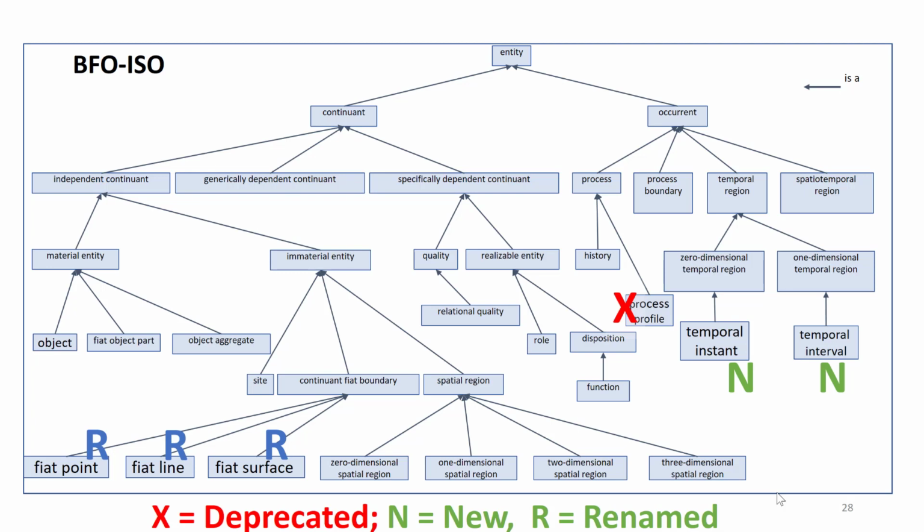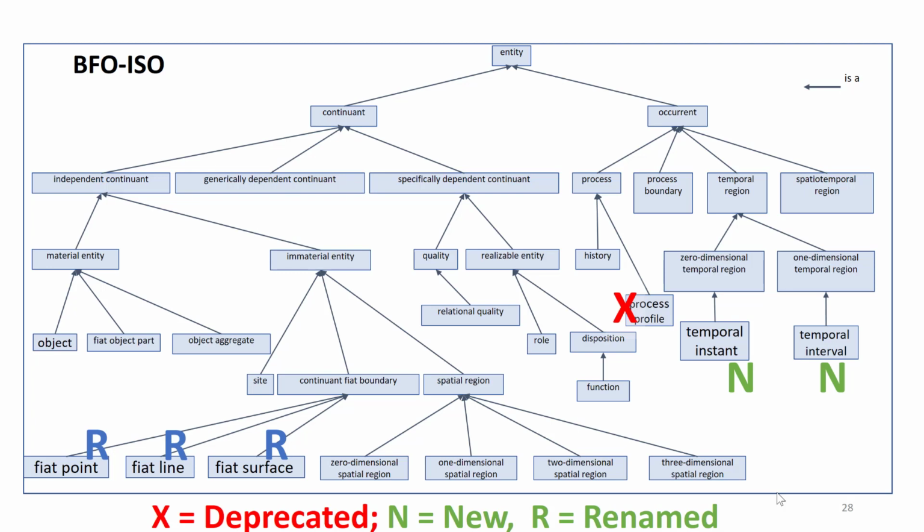We have two new classes or terms. One is temporal instant and one is temporal interval, both of which are children of temporal region. The reason for this will become clear in a minute, but a zero-dimensional temporal region need not be a single point. It might be 6 separated points.